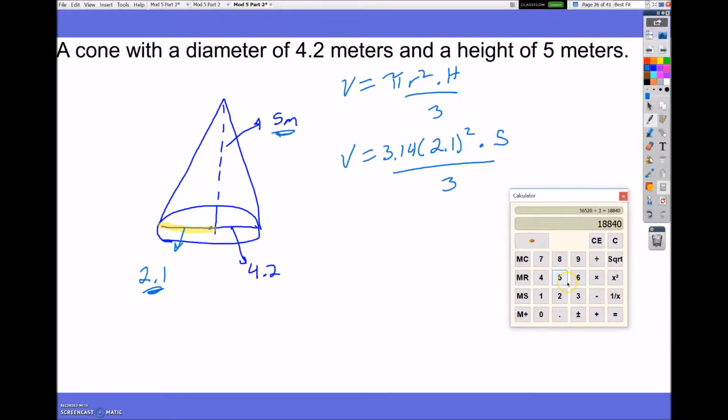Now I'm going to plug this in my calculator: 2.1 to the second power times 3.14 times my height, which is 5, and I'm going to divide the whole thing by 3. And this will give me 23.079. It says round to the nearest tenth, so it's going to be 23.1 meters cubed.